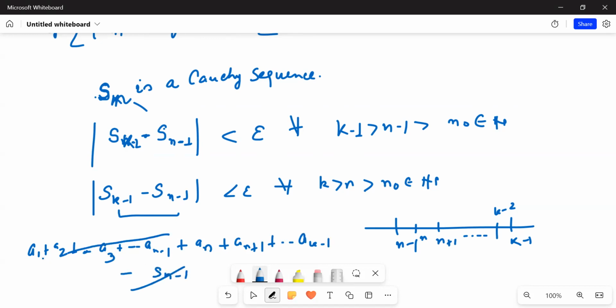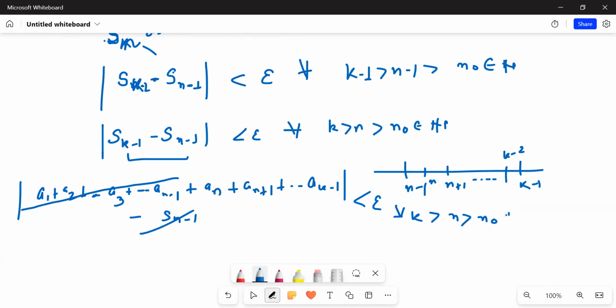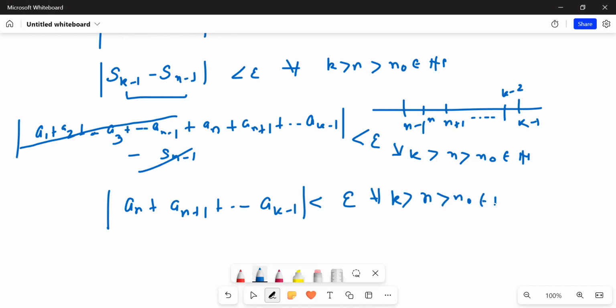So Sn minus 1 cancels this. Now this whole modulus is less than epsilon for all k greater than n naught belonging to natural numbers. What does it imply? It implies that modulus of an plus 1 up to ak minus 1 can be made less than epsilon for all k greater than n naught belonging to natural numbers.